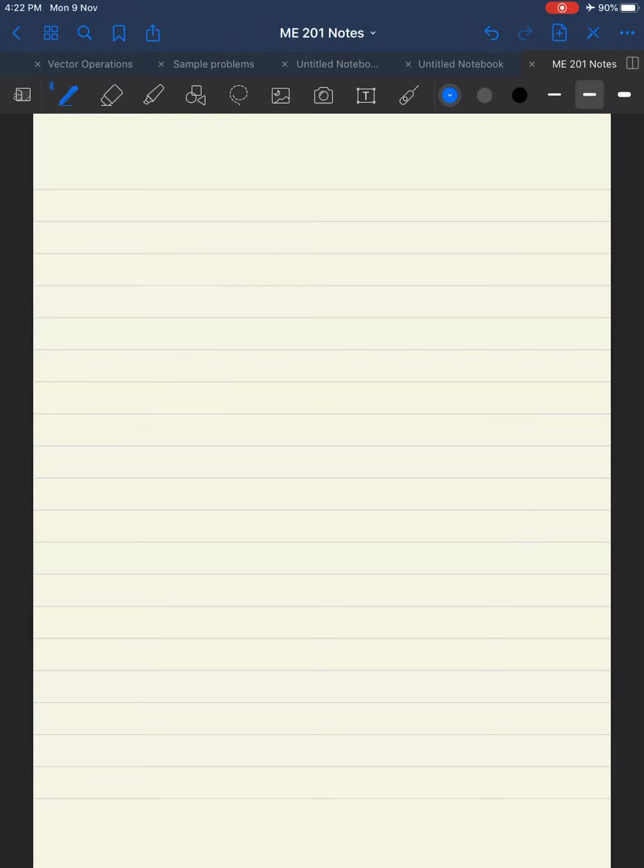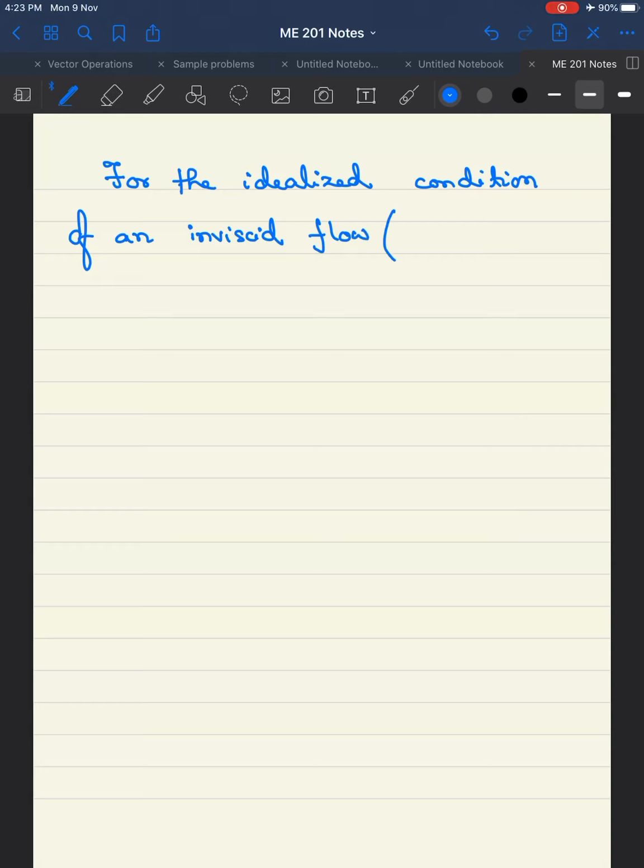So for the idealized condition of inviscid flow, which means that the viscosity is equal to 0, the NS equations simplify. NS stands for Navier-Stokes.